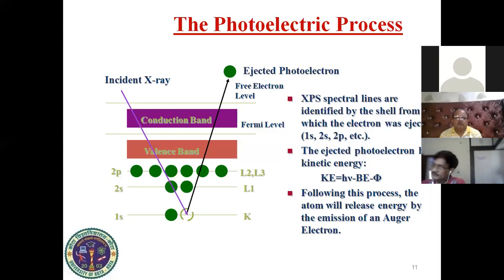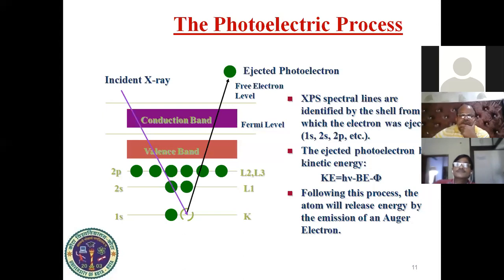The XPS spectral lines are identified by the shell from which the electron was ejected. For example, with the oxygen atom, if one electron is ejected from the 1s level of the oxygen atom, then we are going to see the oxygen 1s XPS spectrum.